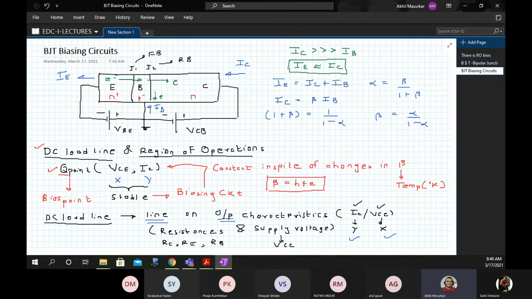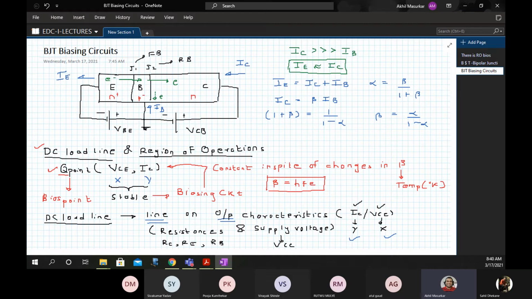So we know that minority charge carriers can flow through a reverse biased junction. This implies that a leakage current can get developed. If the junction J2 is reverse biased, no doubt IC is flowing, but at the same time, since it is reverse biased, a leakage current can also get developed.